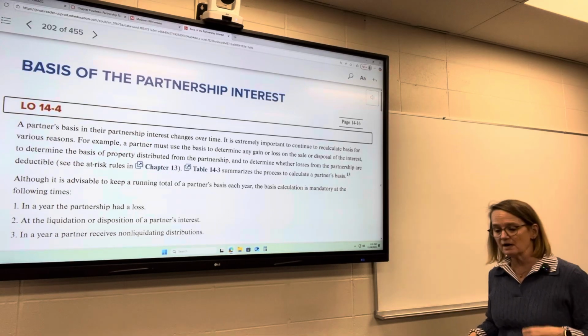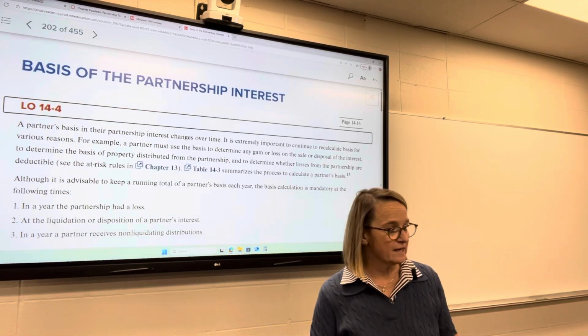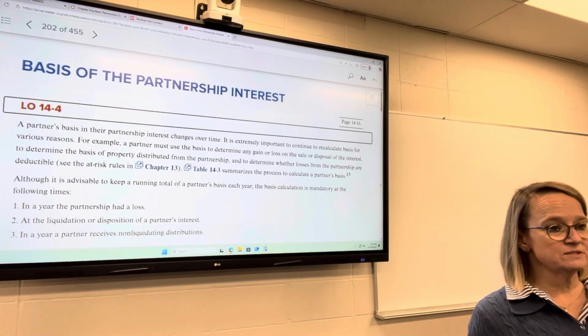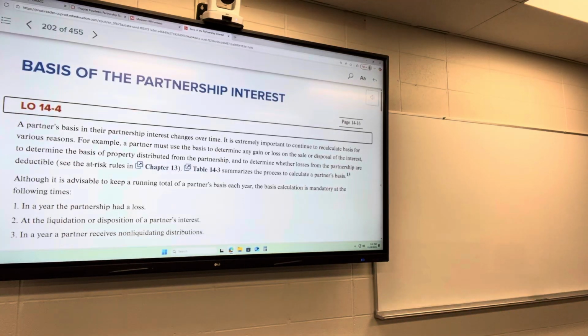So the thing about the basis to partners, and this is a big part of partnership taxation, is keeping a running tally of what a partner's basis is in their partnership interest.